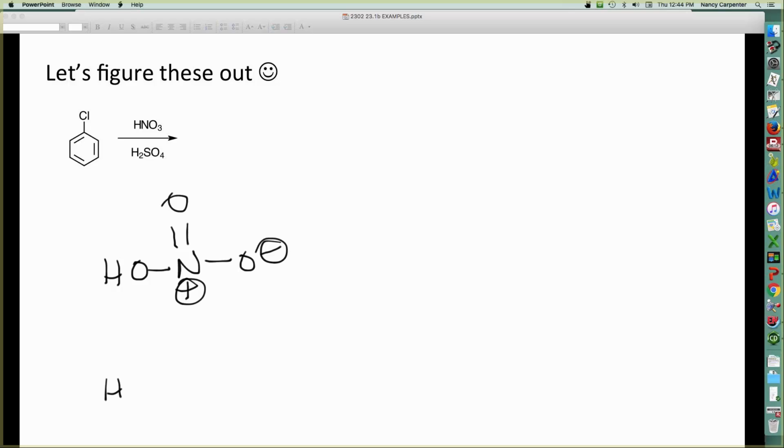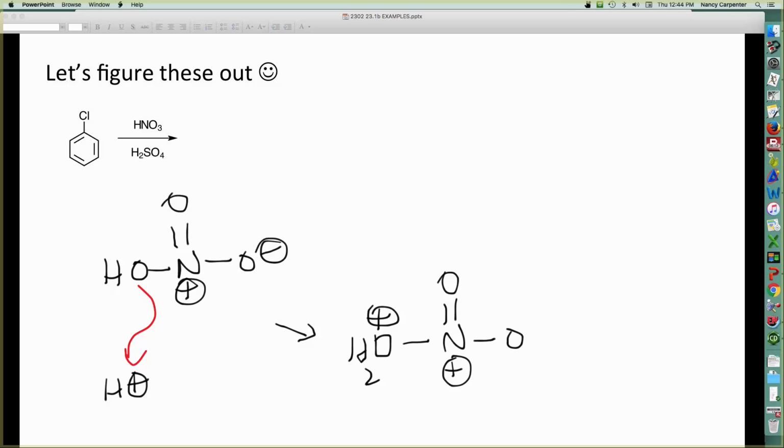Got nitric acid and I've got sulfuric acid. And I know that ultimately a mixture of nitric acid and sulfuric acid leads to that nitronium ion intermediate. So if I draw this guy up, you should say, why would it protonate there?